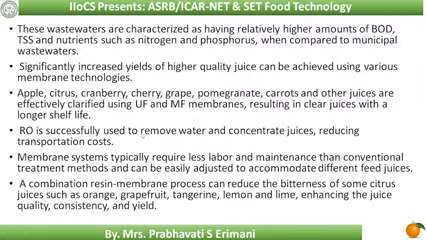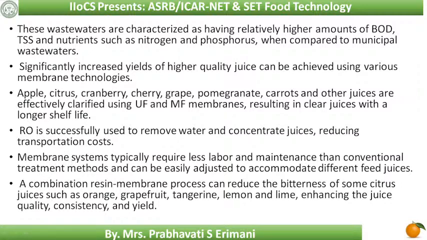Reverse osmosis is successfully used to remove the water and concentrate the juice, reducing the transportation cost also. Many concentrated juices in the market, like Fruity and Maaza and many orange citrus juices, use the concentrate. These concentrate juices are prepared by this membrane technology.